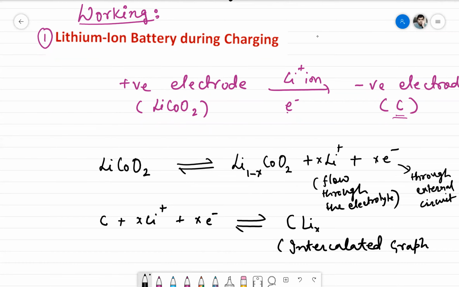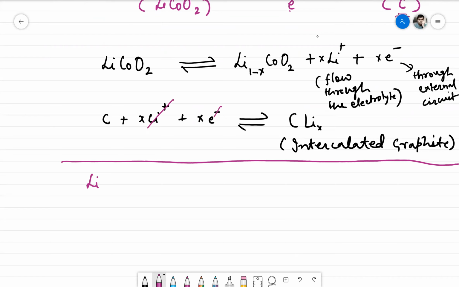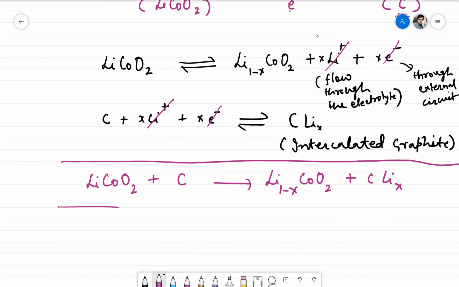Now the combined reaction you can write in this way. The lithium ions and electrons will cancel out. Lithium cobalt oxide plus carbon gives lithium 1 minus X cobalt oxide plus carbon lithium X. This reaction takes place during charging of the lithium ion battery. I hope it is clear what is happening during charging.